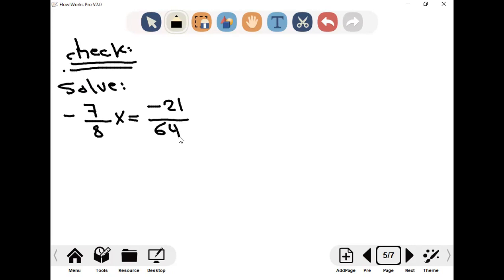This is not a mixed number, they are fractions. What's between this negative 7 over 8 and x? What's between them? Multiplied, so it's a multiplication equation. Right, Moaz? So I will divide both sides by the coefficient. What's the coefficient? Yeah. So rewrite the equation. And the negative, I give it to the 7. Always the negative, give it to the numerator, right? Equal negative 21 over 64.